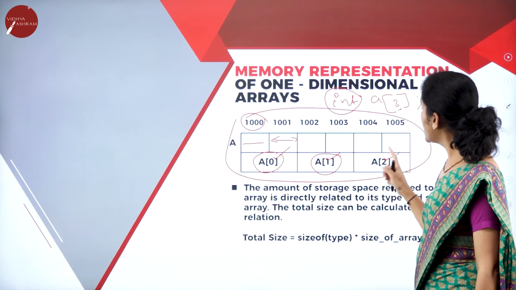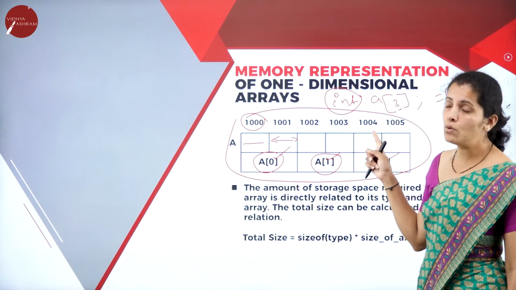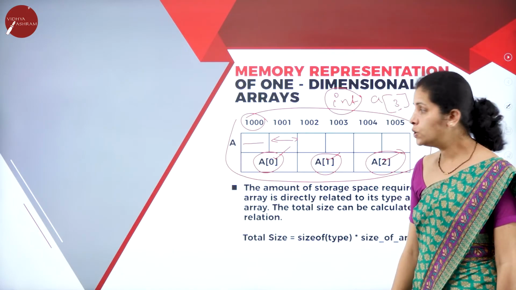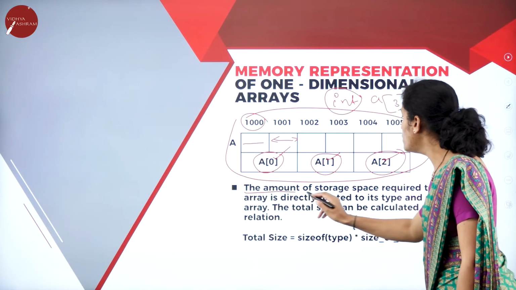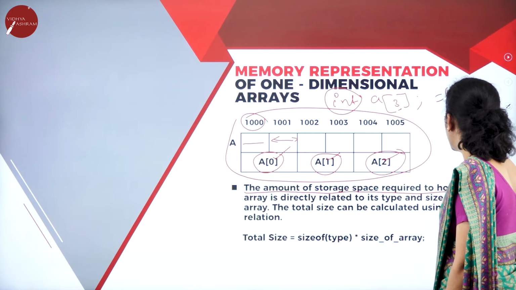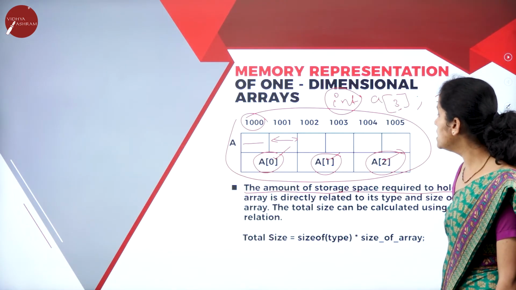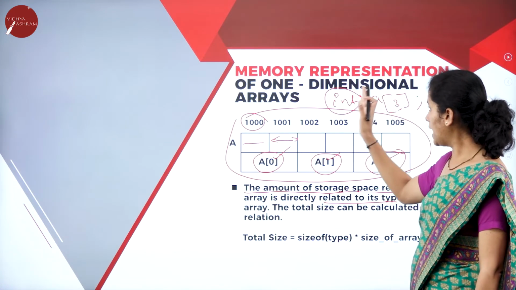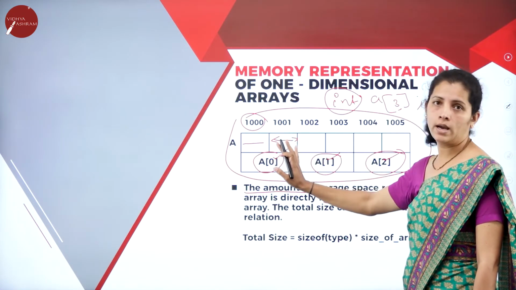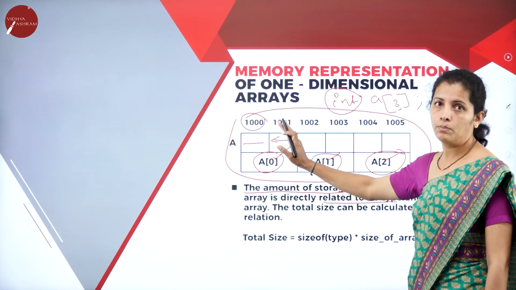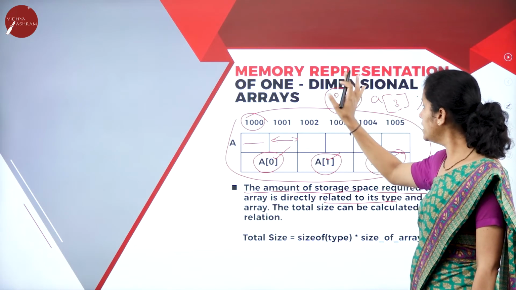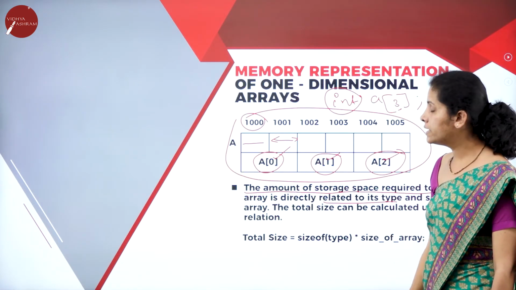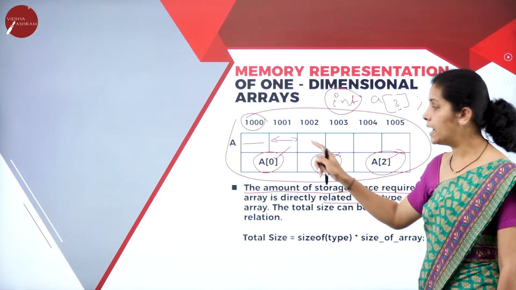And if I consider A of 2, then 1004 and 1005 are reserved for this array 2. So, the amount of storage space required to hold an array is directly related to the type. If it is character, then 1 memory block allotted. If it is integer, then 2 block memories are allocated for the given array.